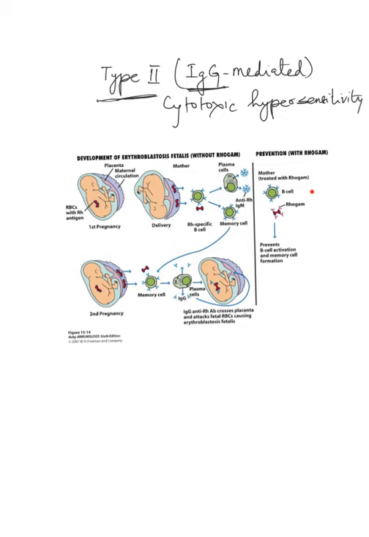Immediately after the first pregnancy, first delivery, antibodies against the Rh antigen can be injected into the mother, and these antibodies will be in the mother, and whenever blood enters the mother's circulation from the fetus, these antibodies will readily go and bind with the Rh antigen.